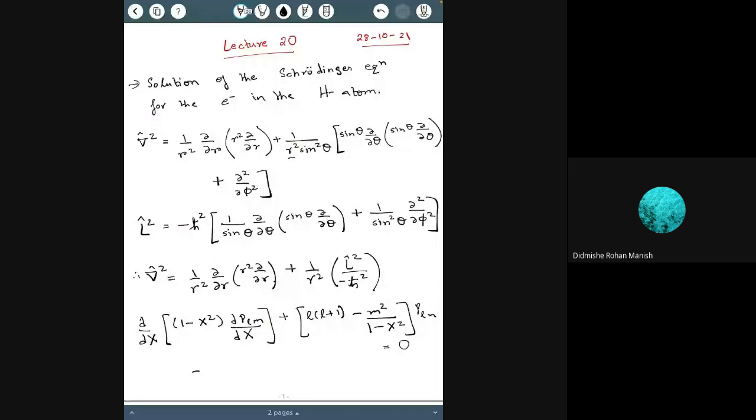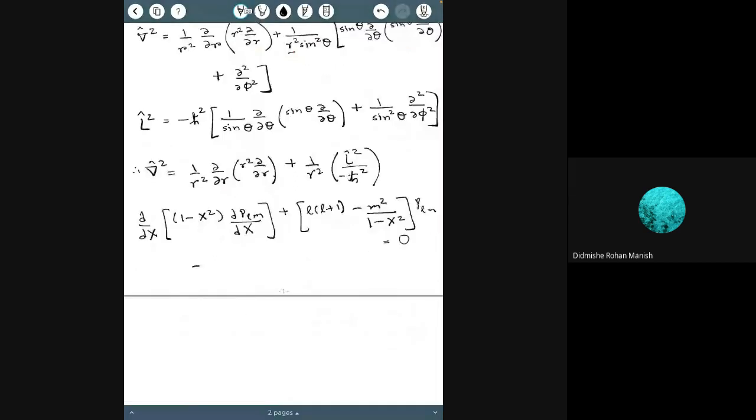So this is the equation we needed to solve, but we only solved for m equal to 0. What we got was that the solutions were the Legendre polynomials called P_L, and they had this form according to the Rodrigues formula. So the solutions could be generated by using this differential operator as per the Rodrigues formula for Legendre polynomials.